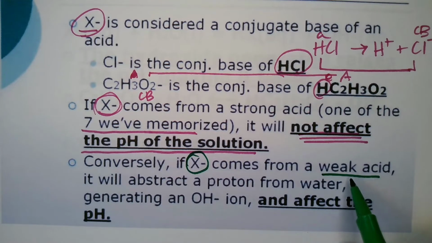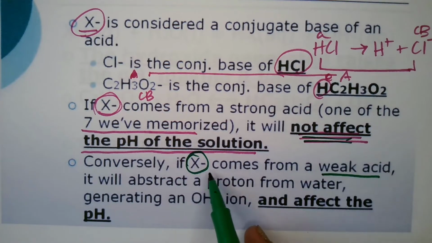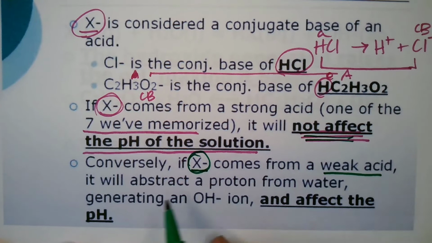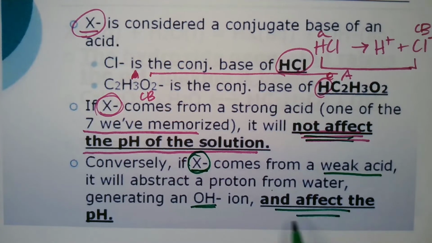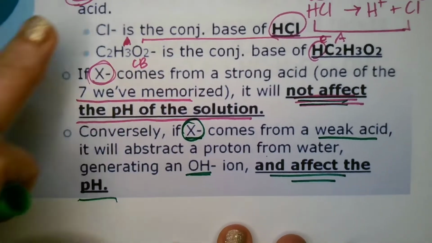So like sulfuric acid, no. H2SO4, so if it was sulfate, no, that's one of the top 7, that will not affect. But if it's any of those other ones that have a Ka constant, those are weak acids. So if our X negative comes from a weak acid, it will abstract a proton from water, generating a hydroxide ion, and it will affect the pH.